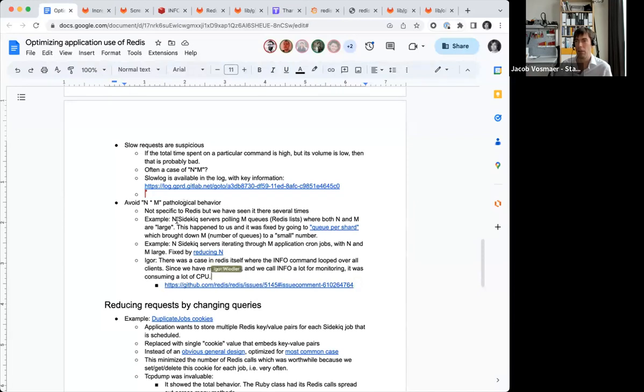We improved that situation by changing it so that, while still hundreds of Sidekiq processes are polling this list, the frequency that they poll at is lower. So the effective number of times that we need to fetch this large list of cron jobs is brought down, and that made a big difference.